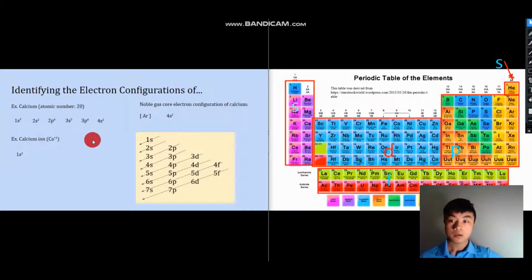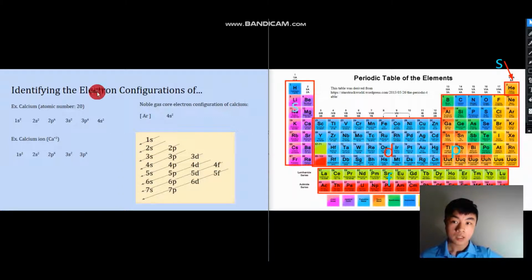So we know that up to here, 3p6 is going to be argon, and then we normally know that calcium as an element is going to have 4s2.